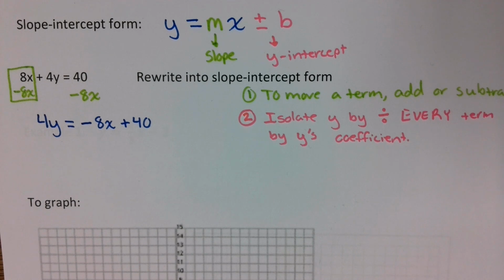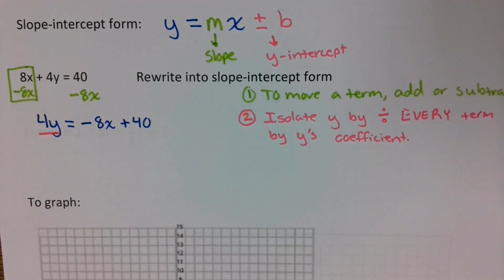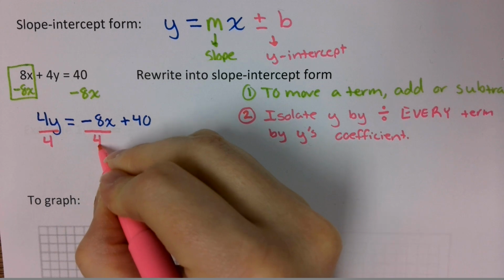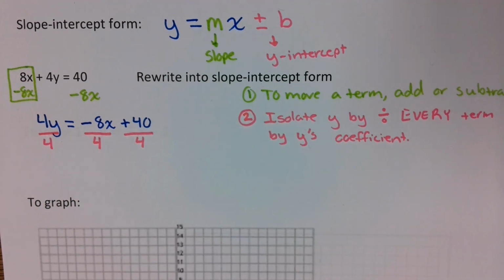That means we're dividing every single term. Remember, this is my first term, that's going to get divided by the 4. This is a term, and the 40 is a term. Terms are separated in an expression or an equation by plus and minus signs. So anytime you see a plus sign or a minus sign, that's the start of a new term.